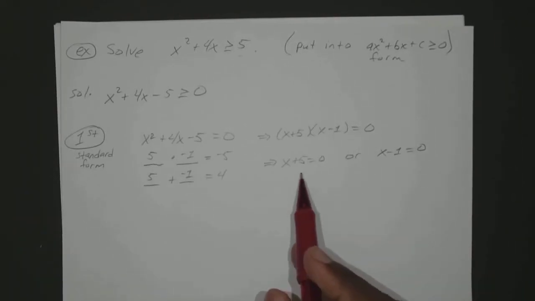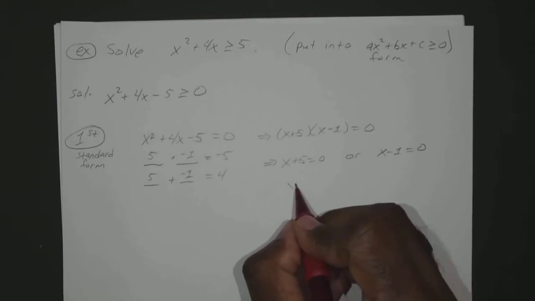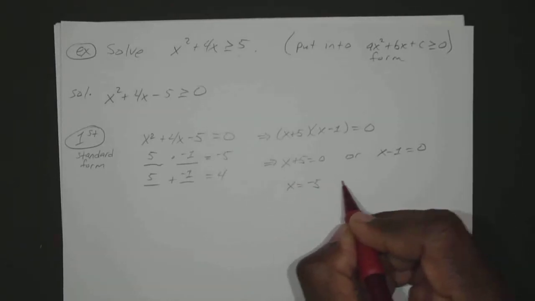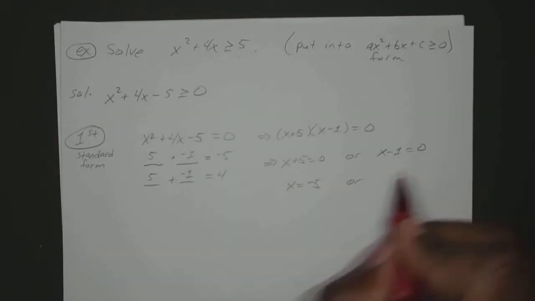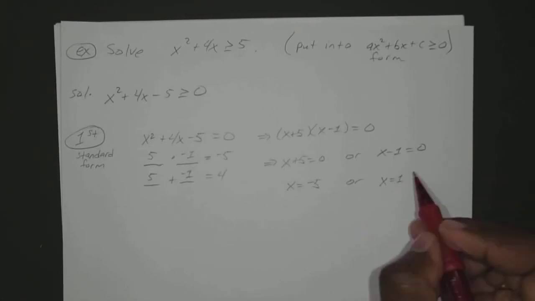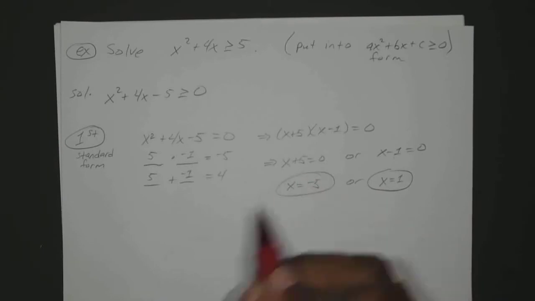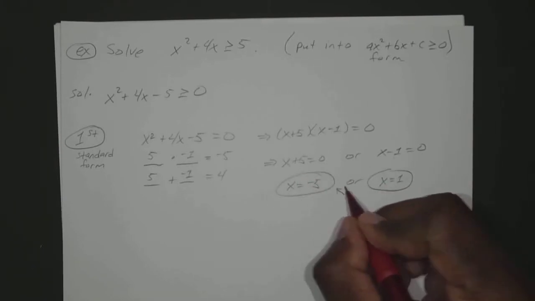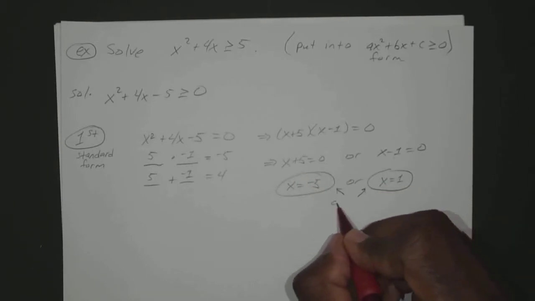If we subtract 5 from both sides here, we have x equals -5, or if we add 1 to both sides here, x equals 1. So those are our critical points.